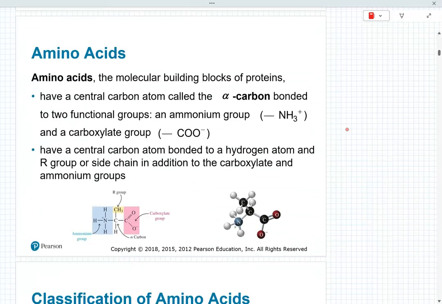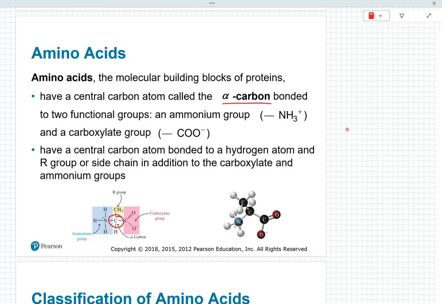But before we get to the polymers, we need to chat about the monomers, the amino acids. So all amino acids share the same structural motif. They have a central carbon atom called the alpha carbon.